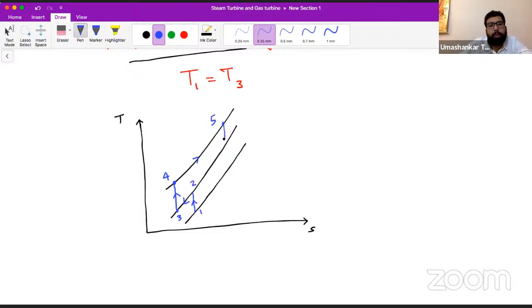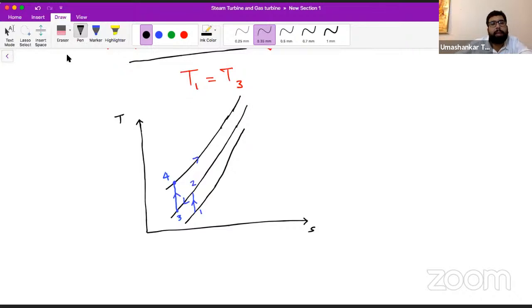And from there, we have the isentropic compression. What we are trying to do, as I told you in the previous lecture, is always try to keep the exit of the turbine above the entry to the combustion chamber.